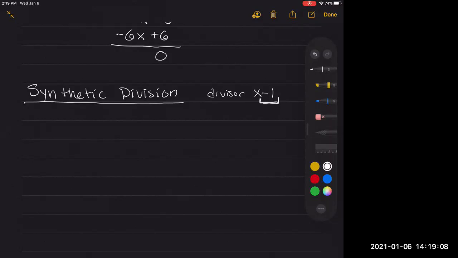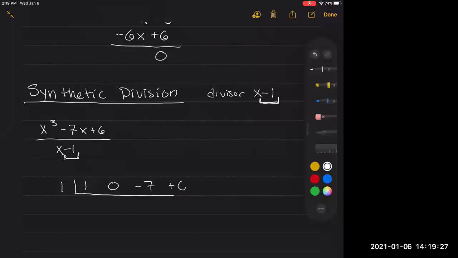So we are dividing x cubed minus 7x plus 6 by x minus 1. So this is of the form that we want. So we'll have our 1, and then our 1, our 0, our minus 7, and our 6.